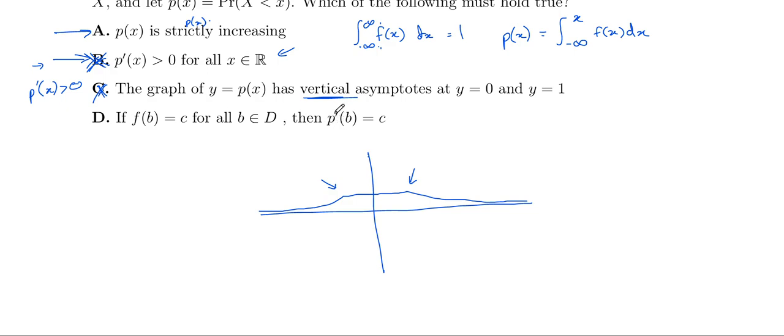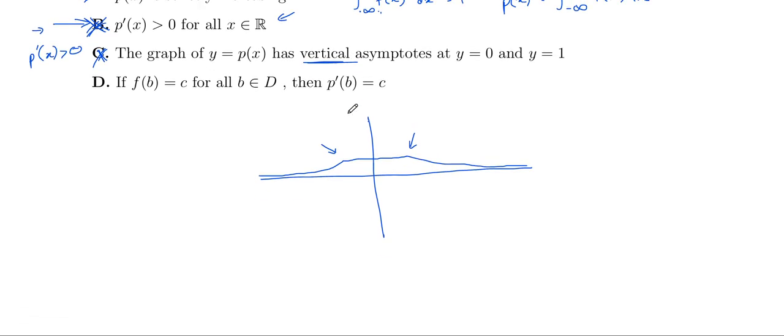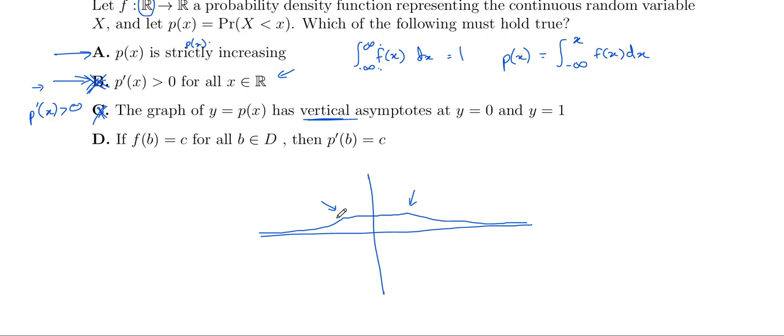So when we differentiate P of x, actually ignore what I said. First, let me show you that f of x is equal to P prime of x. So from here, if we let the integral of f of x equal capital F of x, then P of x is equal to F of x minus F of negative infinity.